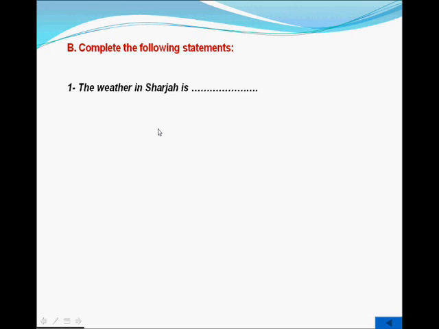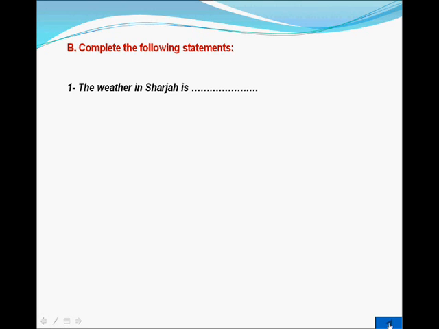It won't be difficult for you at all. Remember, we were dealing with SEPA type exams, but there are some changes, and I think they aren't going to be so difficult. Don't worry. So number 1 says the weather in Sharjah is, and then you have to find the suitable word from the text.